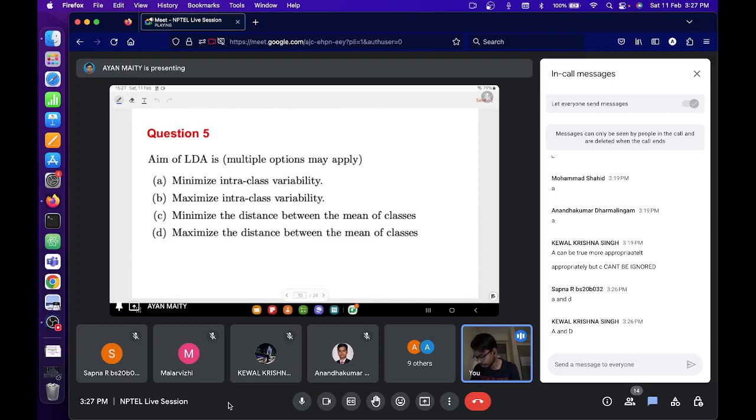So which of these 4 options is or are correct? Yeah, multiple options may be correct. Two of you have written A and D. Any other answers?